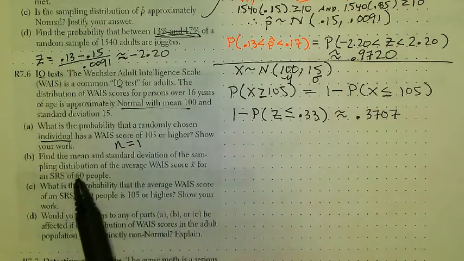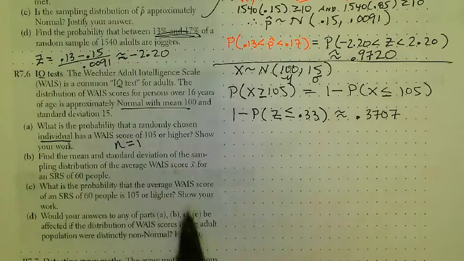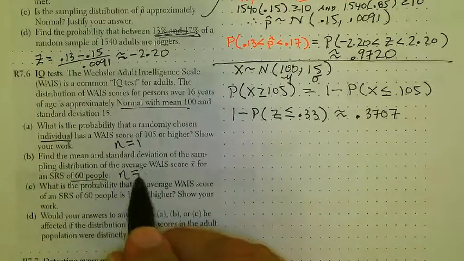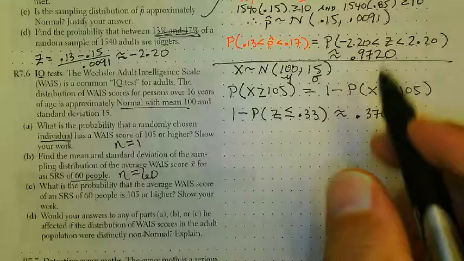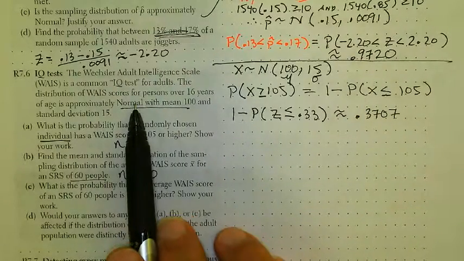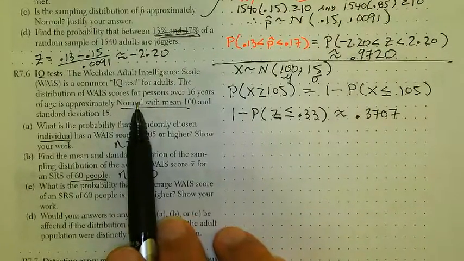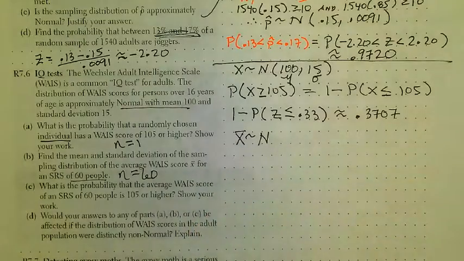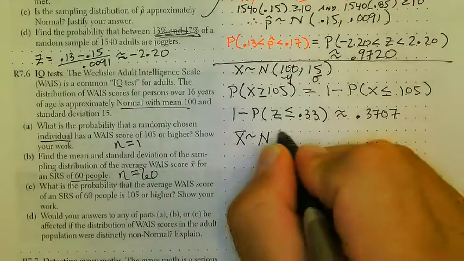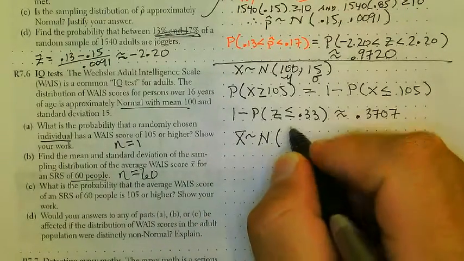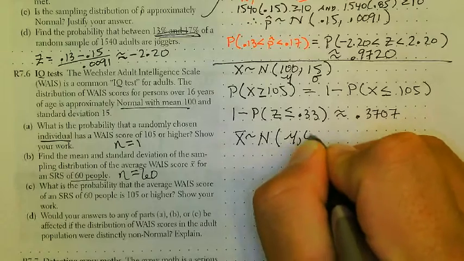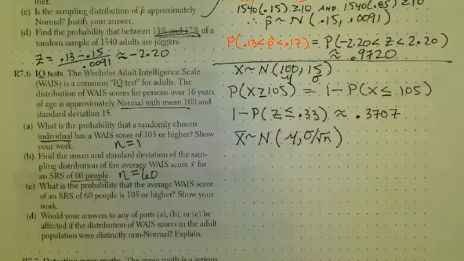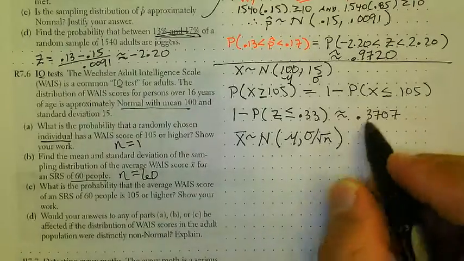Okay. What if I want the mean and the standard deviation of a sampling distribution where I have 60 people? Well, that would be n is equal to 60. Because I come from a normal population, x bar is approximately normally distributed, right? And it has some mu and some sigma over root n as its standard error or its standard deviation, right?